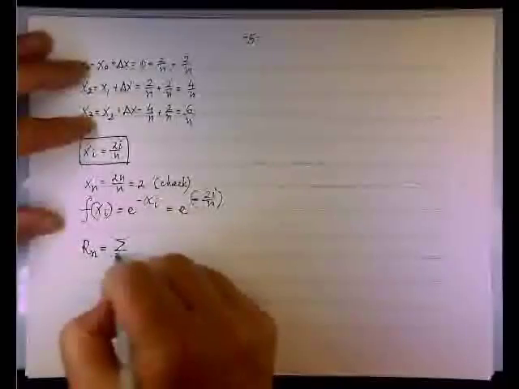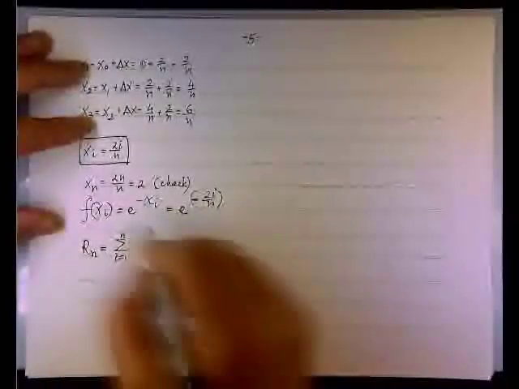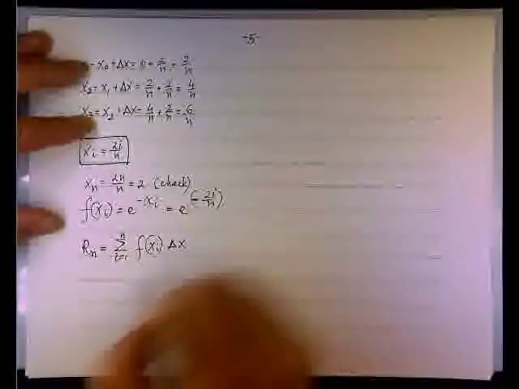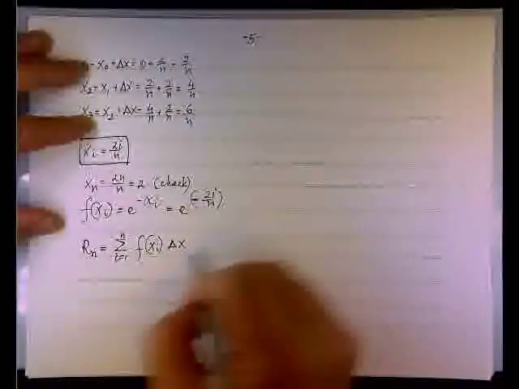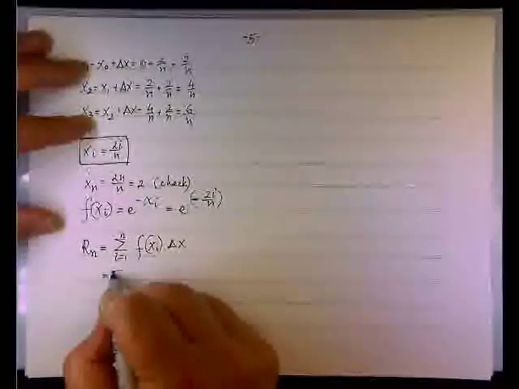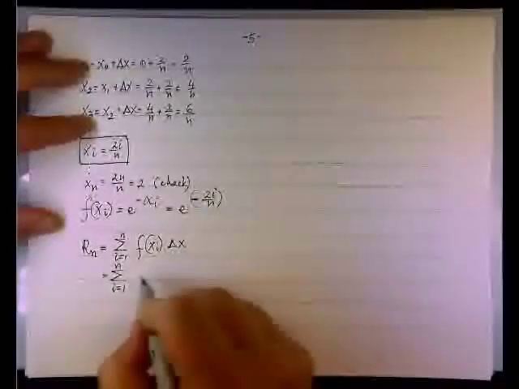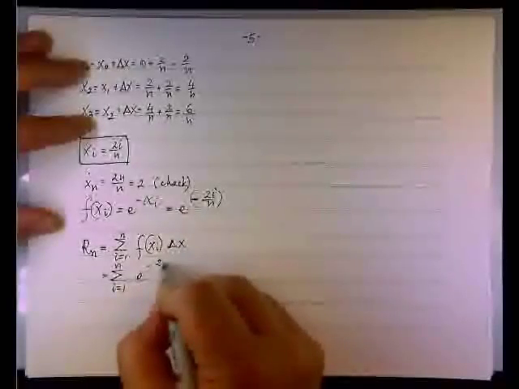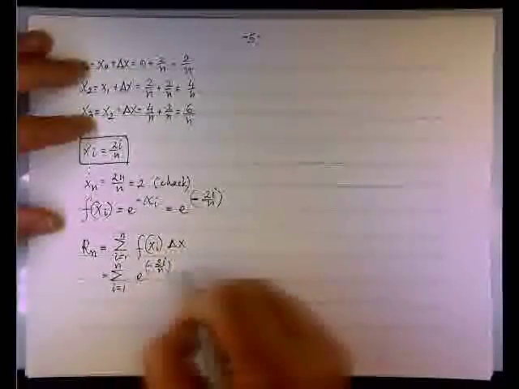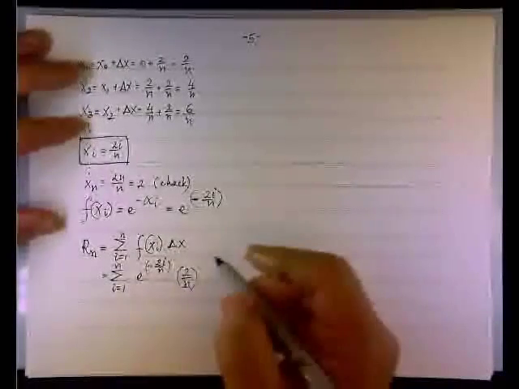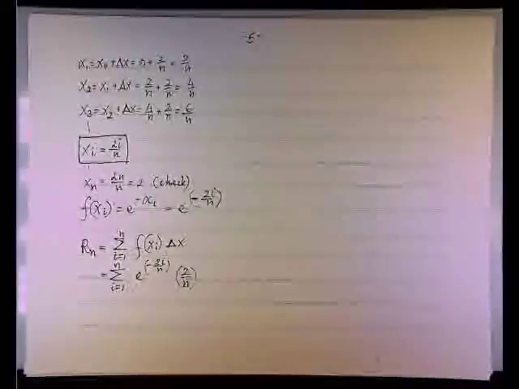It will be sigma, i goes from 1 to n, of f of x sub i times delta x. So we're going to write sigma i goes from 1 to n of e to the negative 2i over n times 2 over n, which is delta x.